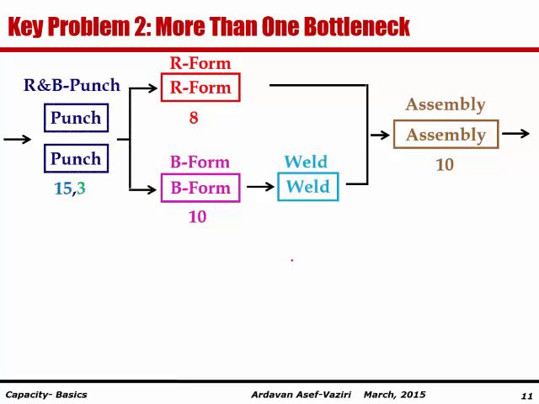Now suppose, through training, through better method, through some changes in technology, buying new jigs and fixtures and so forth, and by improving the management, a better layout of that station, suppose we were able to reduce GP of welding from 12 to 10, right? What is the new capacity?